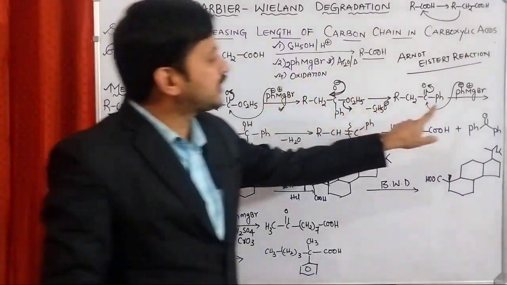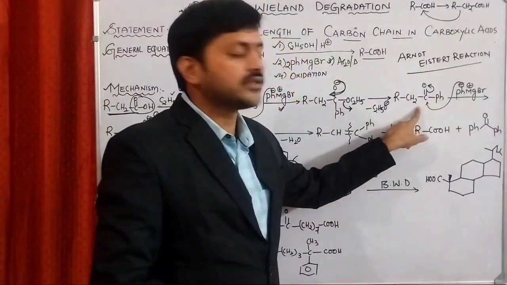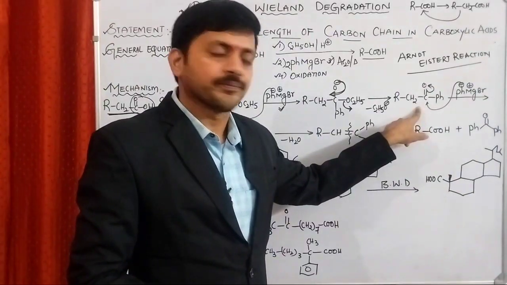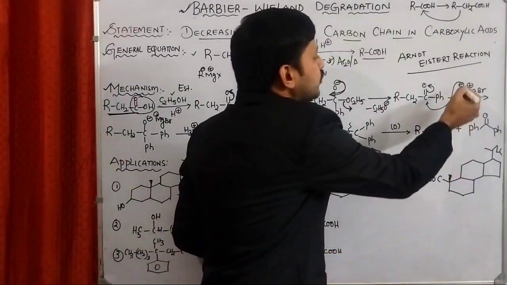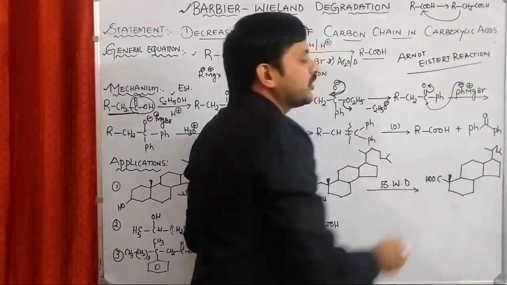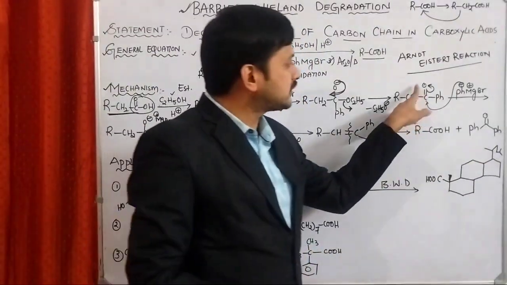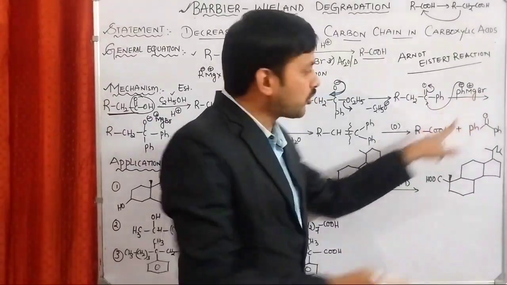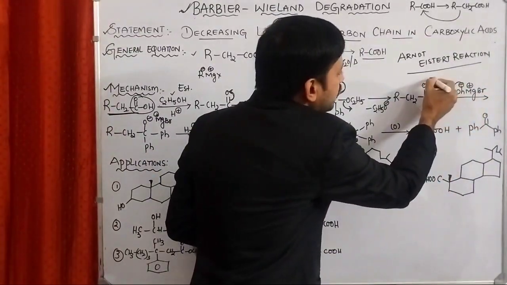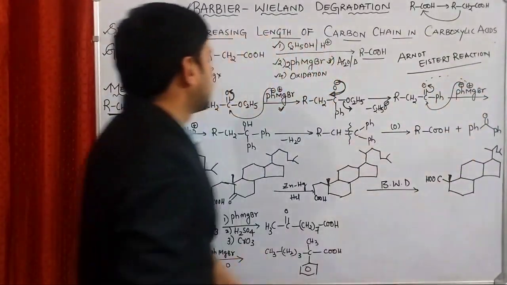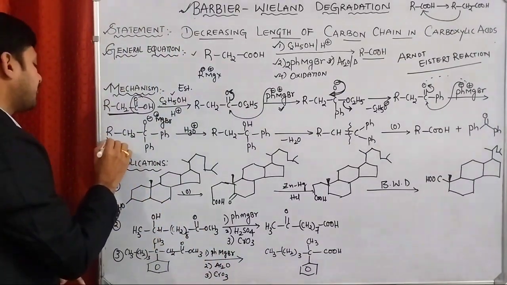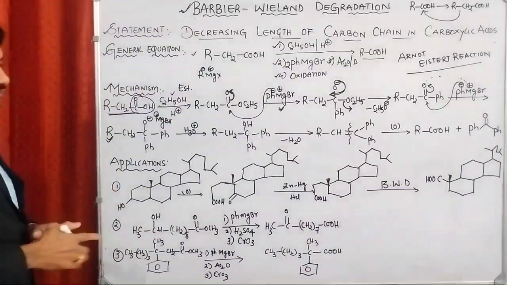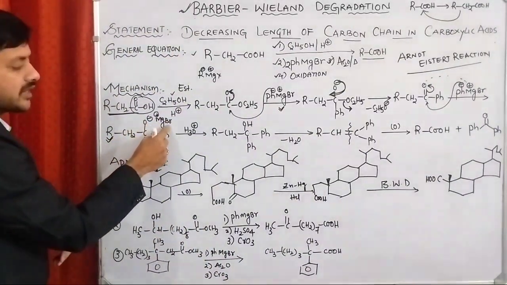The second mole of Grignard reagent reacts with the ketone group. So Ph minus attacks the carbonyl group. Thereby oxygen generates O minus, and the MgBr plus approaches the oxygen. Thereby we come up with O minus and MgBr plus.